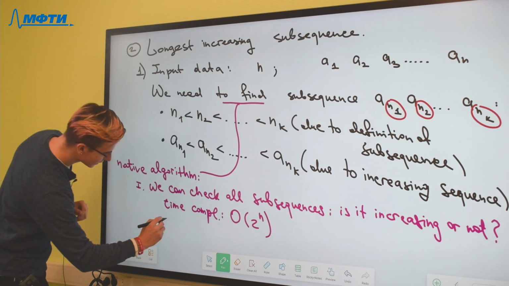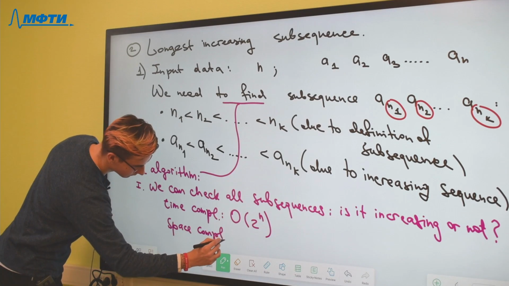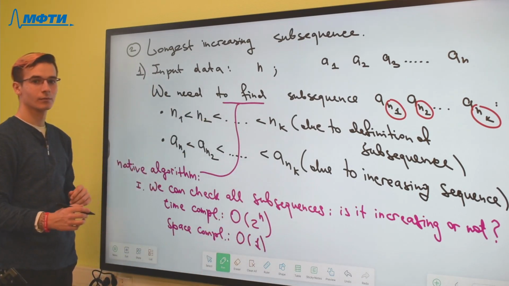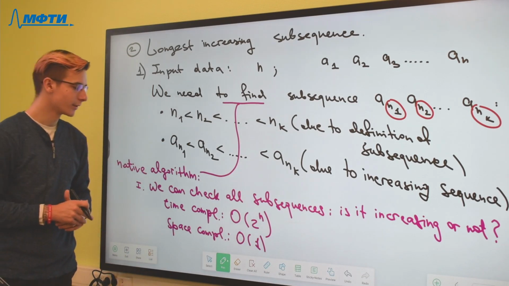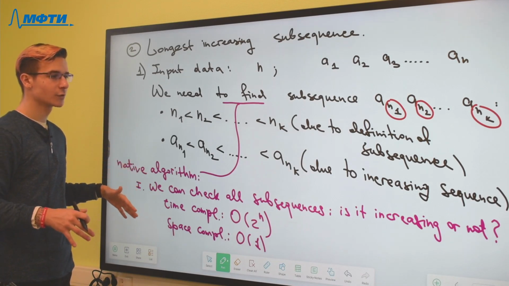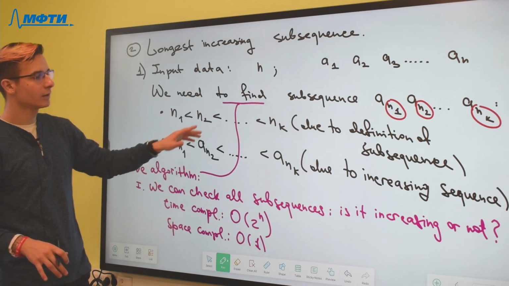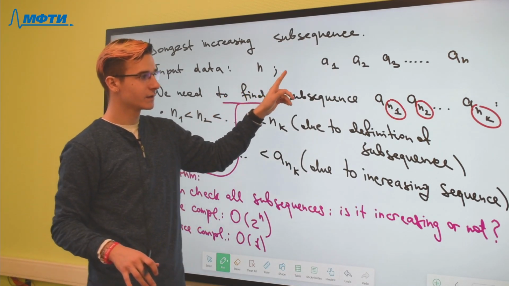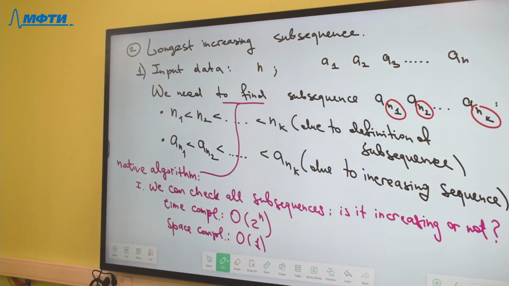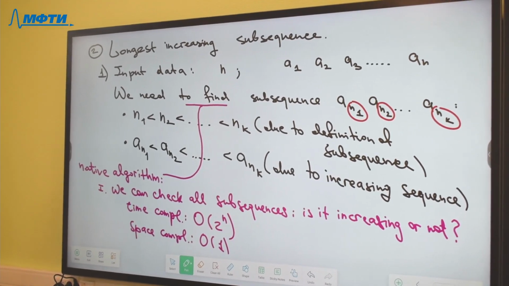So, and space complexity? It is equal to O of 1, because, for example, we can set an iterator from 0 to 2 to the power n minus 1, and then we find this sequence by this number and don't spend any other space.